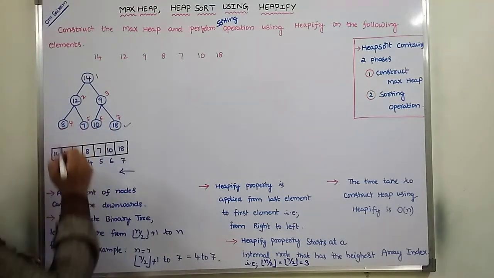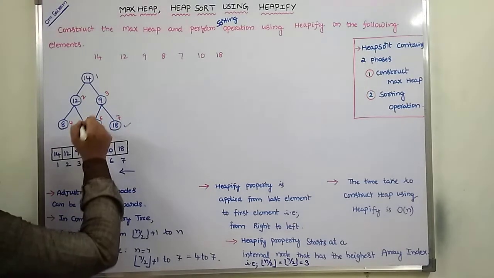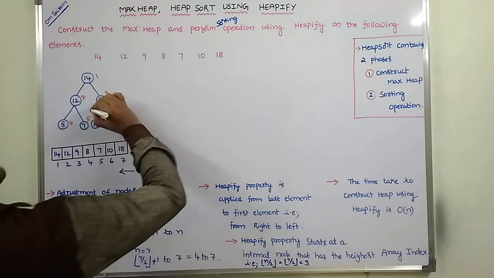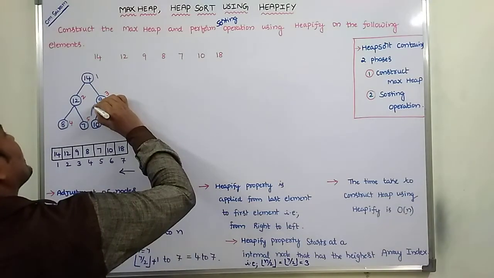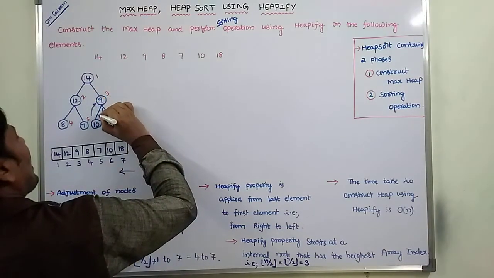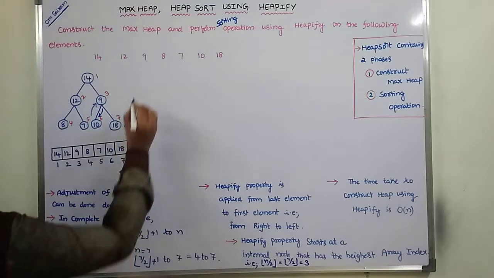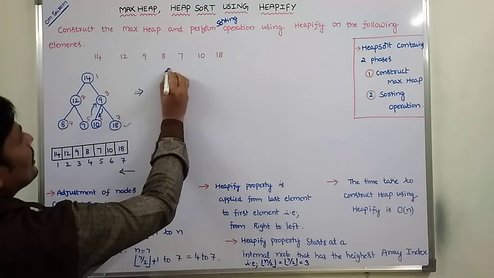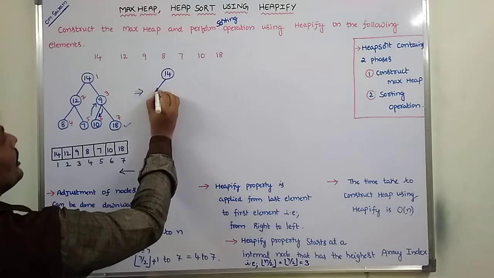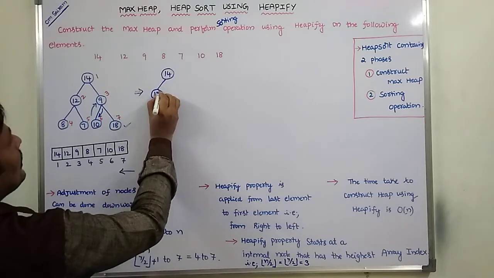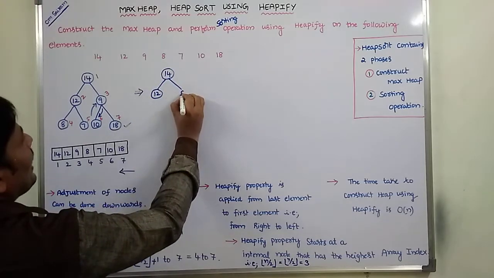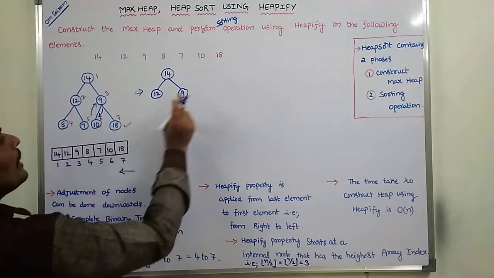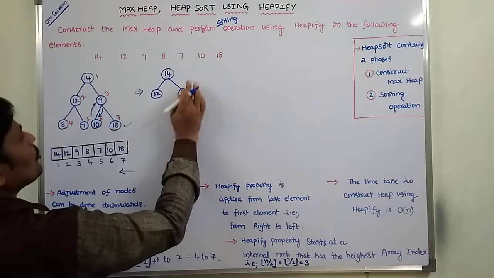First we have to consider the left. 9 is greater than 10, it is false. Now we have to perform swappings or adjustment. After swapping, 14 is the root node, 12 is the left child and 9 is the right child of 14. But here 9 and 10 are swapped.